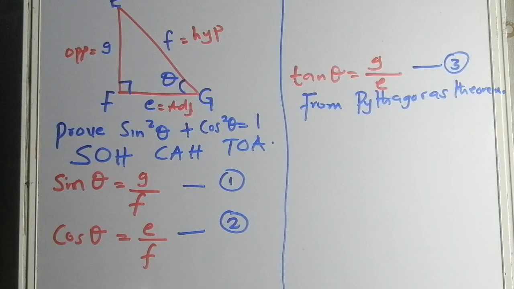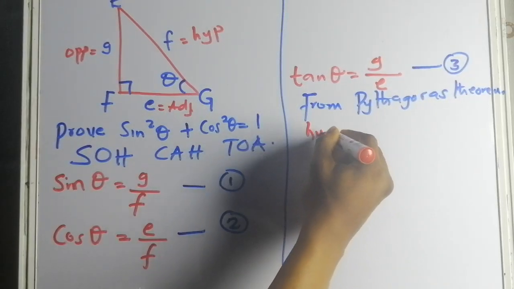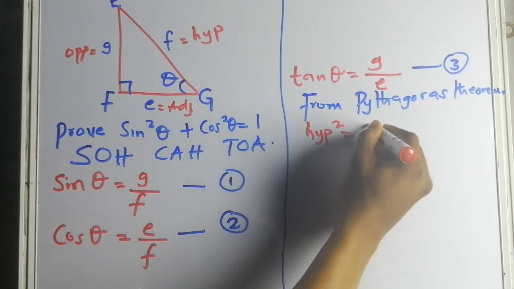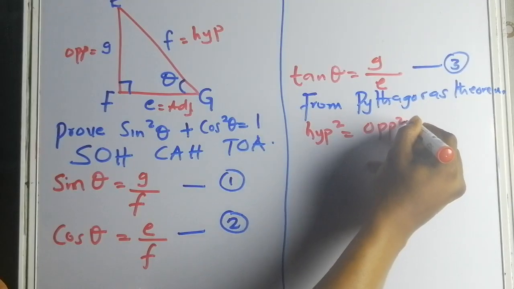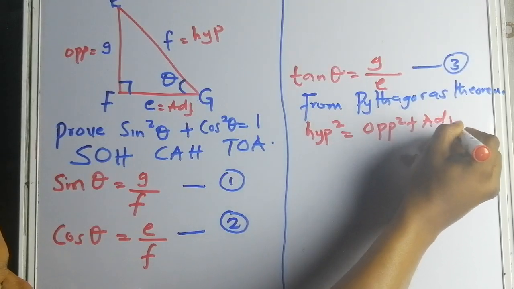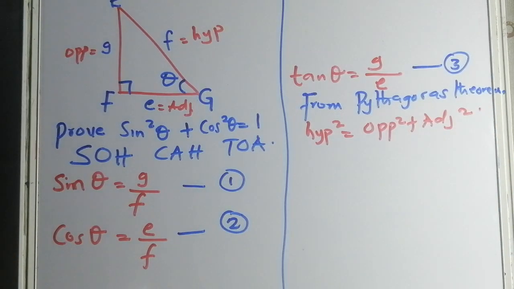So here we say that the theorem is: hypotenuse square equals opposite square plus adjacent square. So that is the Pythagoras theorem that we know.